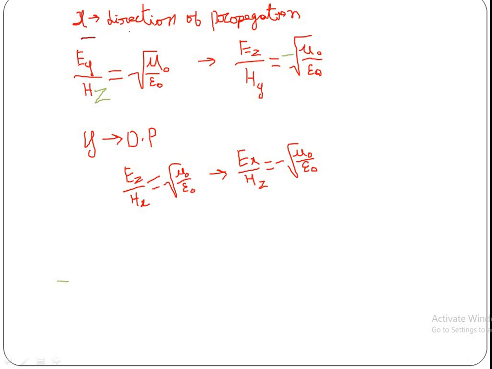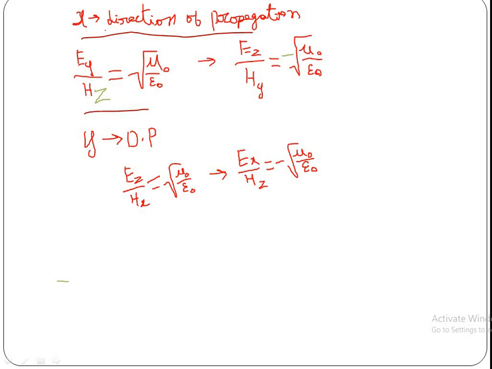Similarly, if direction of propagation of wave is along x-axis, then Ey by Hz is equal to square root of mu naught by epsilon naught, and Ez by Hy is equal to minus square root of mu naught by epsilon naught.